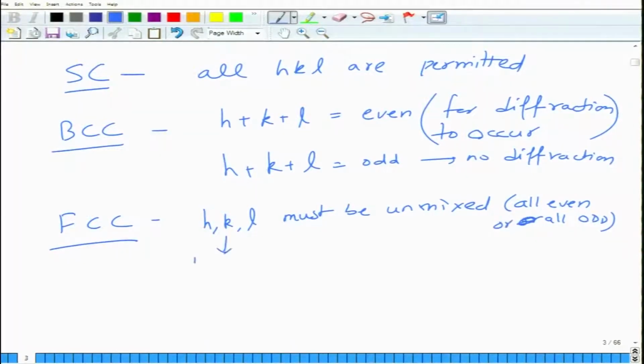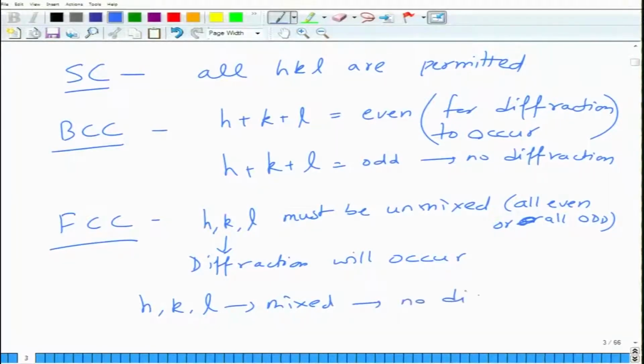If HKL are mixed, no diffraction will occur.